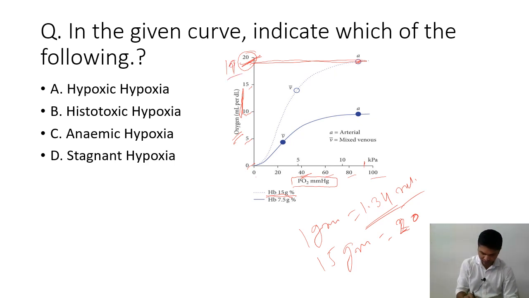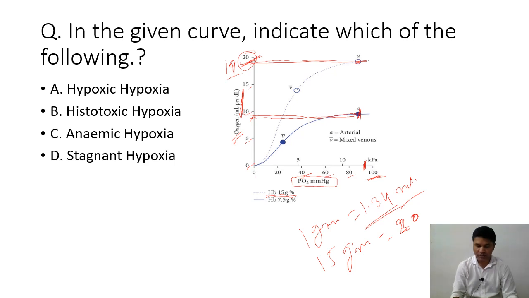And here we can say partial pressure of oxygen is okay, it's around 95 or 100. At the same level, total oxygen is around 9 or 10 ml, less than 10.